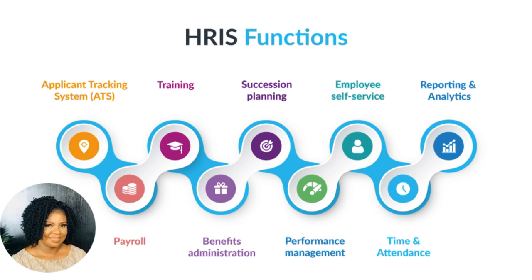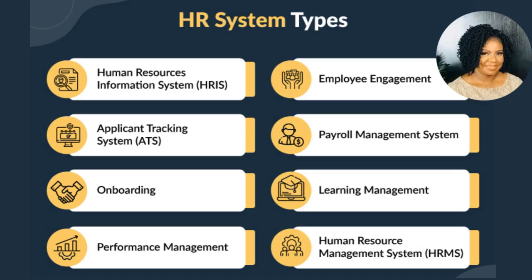Okay, so moving on, we will be looking at types of human resource system. Like I mentioned yesterday, different people call the human resource system different things, and different companies offer them as different things. These are the different ways that the system is being offered.